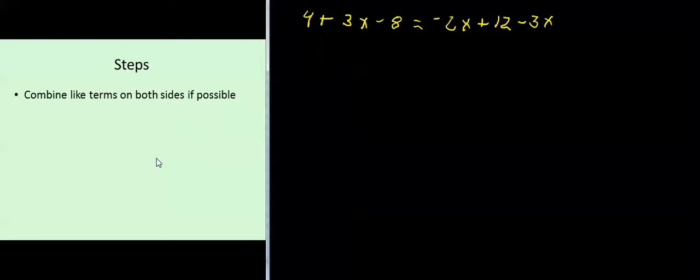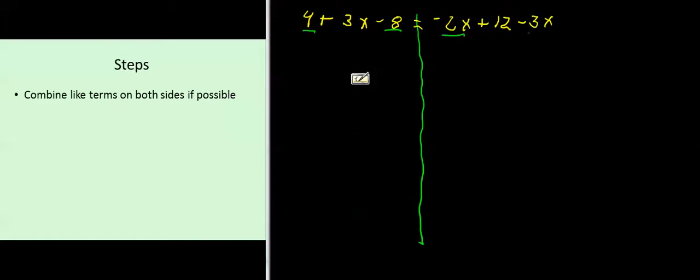All right, the first step is to combine like terms on both sides if possible. Now, to help keep track of both sides of your equations, some people like to put what I call a fence down the middle. So we look for like terms. 4 and negative 8 are like terms.